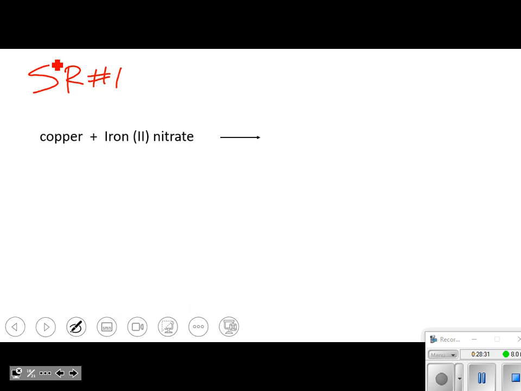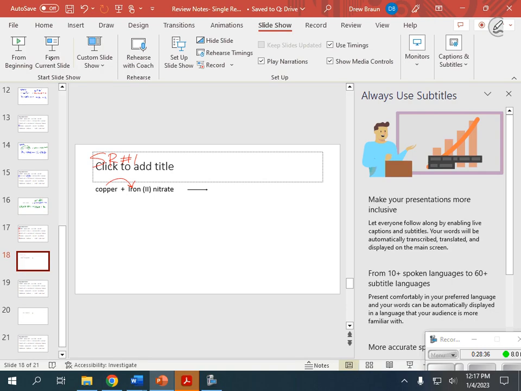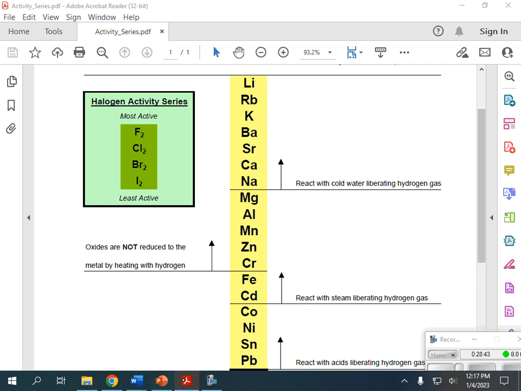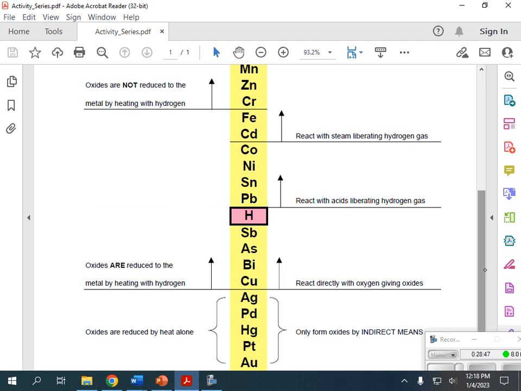Now, I've got to look to see if copper will replace iron. So I go to my activity series. I find iron. I find copper. Will copper replace iron? Copper's not nearly strong enough to replace the iron, is it?